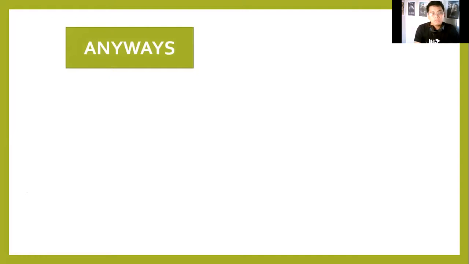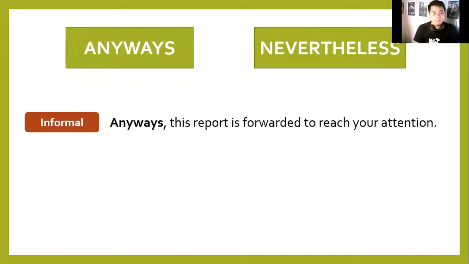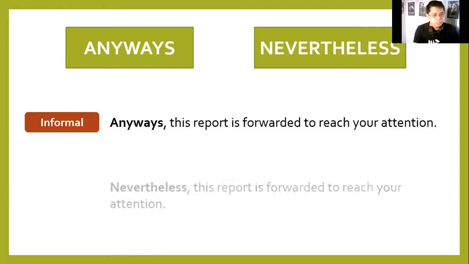Then we have anyways, which is informal. Its formal counterpart is nevertheless. For example, anyways, this report is forwarded to reach your attention. So in lieu of anyways, we use nevertheless.